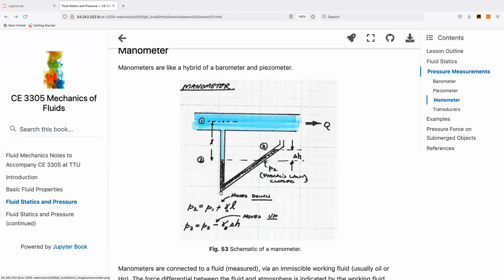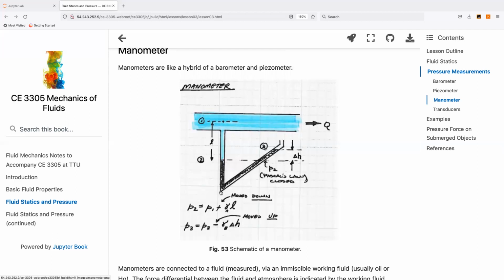The important feature that working fluid has to have is it's got to be something that does not mix readily with the fluid of interest. So if the blue stuff is water, bad choice for working fluid would be alcohol. Why? Because alcohol and water are 100% miscible. They'll mix with each other, and pretty soon you don't have a manometer. You have a mixed liquid drink.